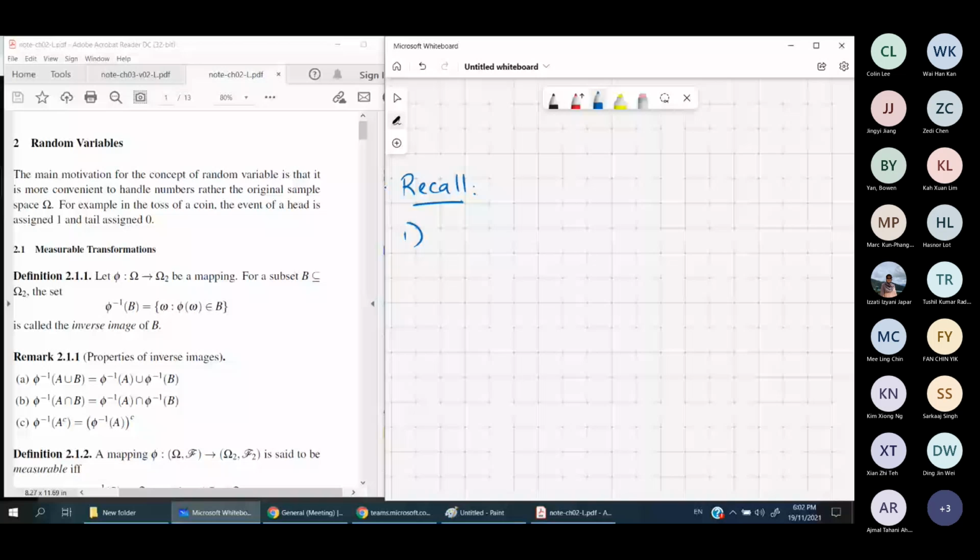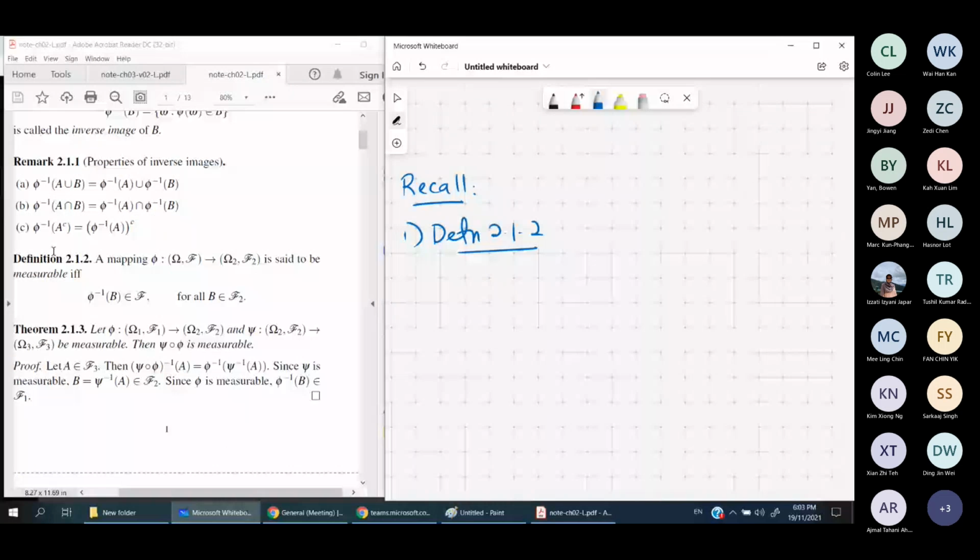Number one, we look at definitions, 2.1.1. For this, we look at a more general case. Supposing we have one sample space with one sigma field, so a measurable space here.